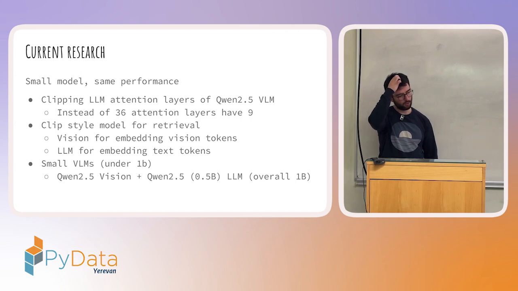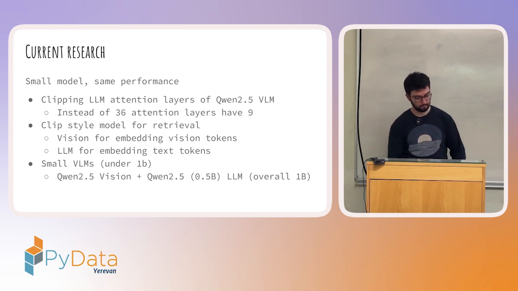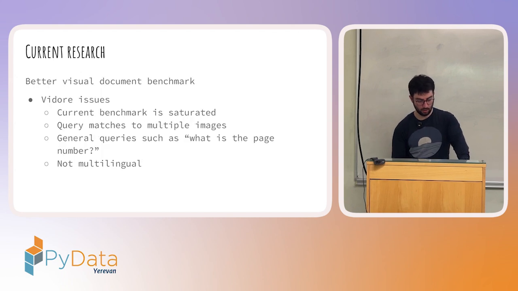I think it was around an 85 score. And there are other small LLMs, even lower than 500 million parameters, for small VLMs. For those experiments, I don't have numbers because they are currently training. I can give updates in a week.